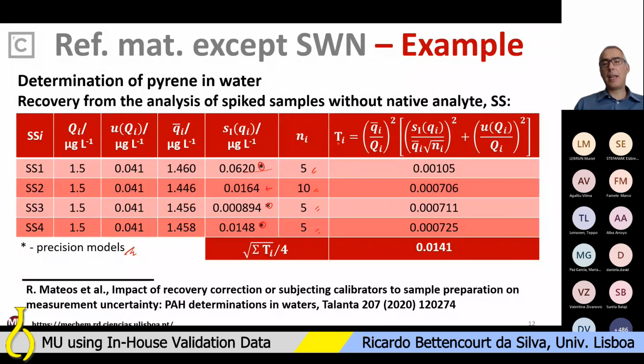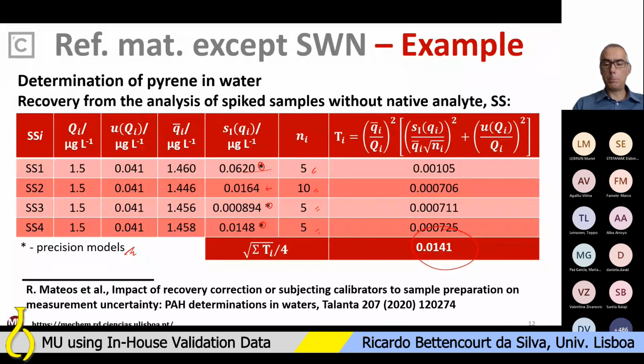For each of these lines we calculate this term that we call T, for term. So you have the square of the mean recovery, then you have the terms that I just mentioned, these are the numbers there. And then we take the formula and get the standard uncertainty associated with the overall mean recovery.